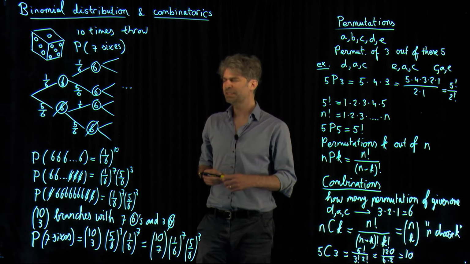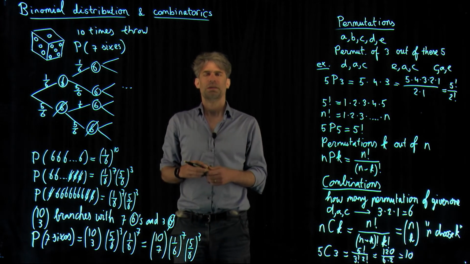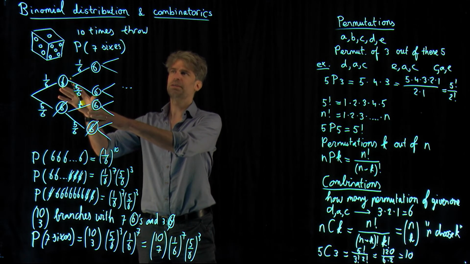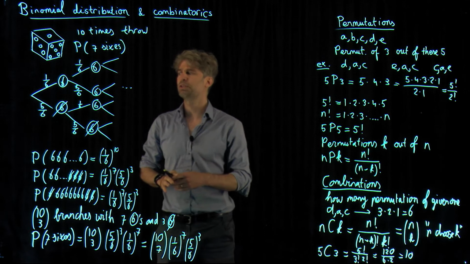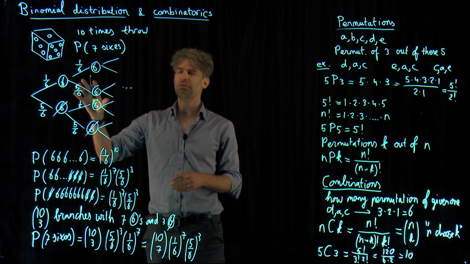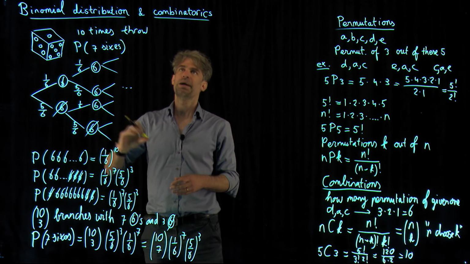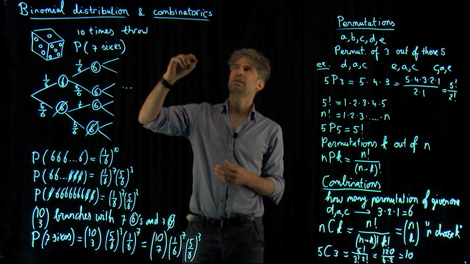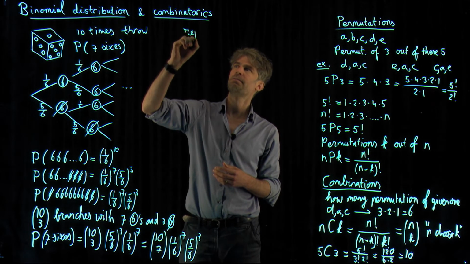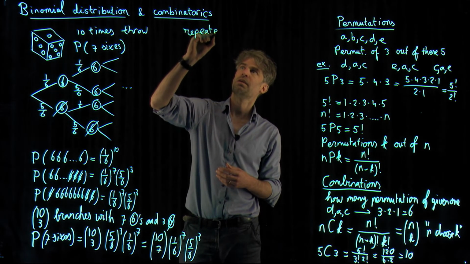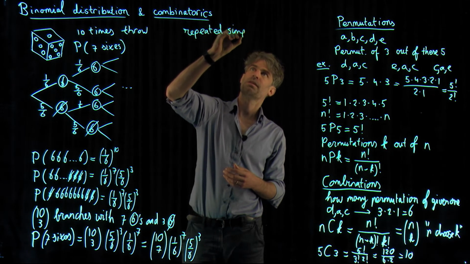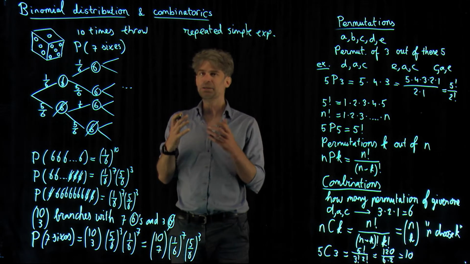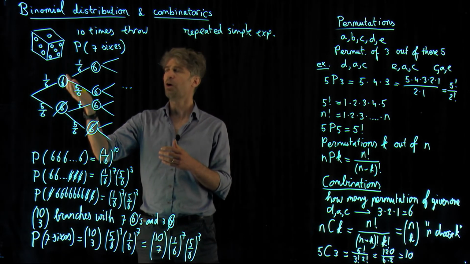Now, let's look at this in a little bit more formal setup. So what is this sort of experiment? It's very specific for a binomial distribution. It's a repetition of a very simple experiment where you have 2 outcomes. So you have a repeated simple experiment, and it's binomial, and the word bi says exactly there are 2 options.